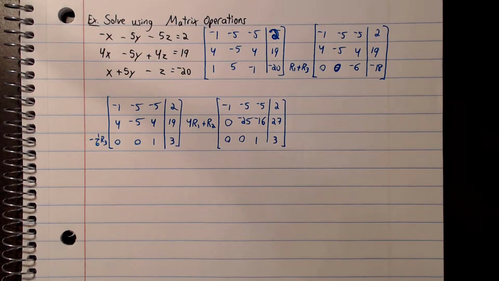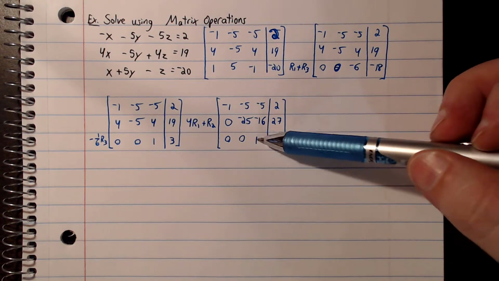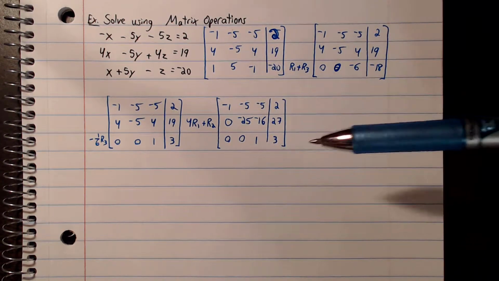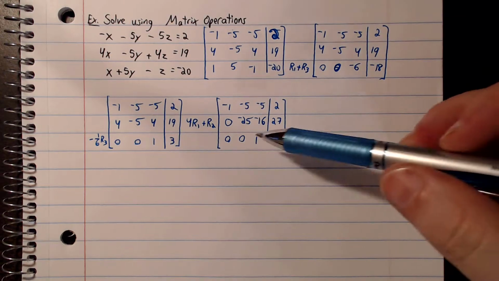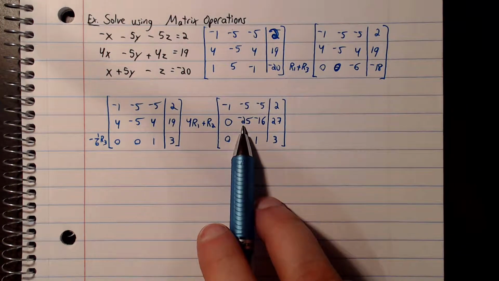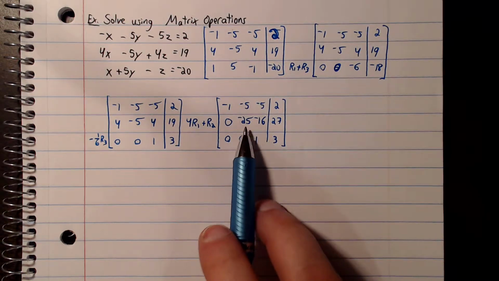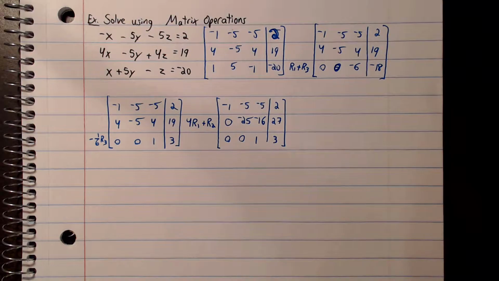Alright, now we're in even better shape. I'm thinking about maybe trying to eliminate this 16 up here. Actually, we won't even do that. Actually, no, we'll go with what my notes say.